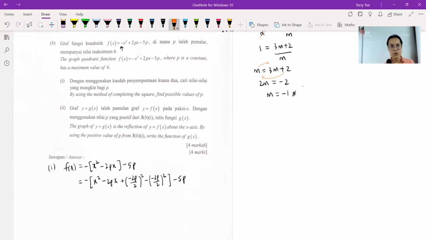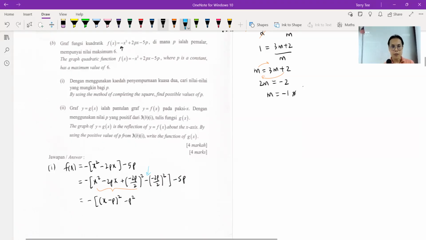Now, the first 3 terms that we have here, we can actually factorize. So I don't write a lot of steps, because negative 2p divided by 2 is just negative p here. So this we can write minus x minus p squared. And this negative p, when I square it, becomes positive p squared. However, I still have another negative in front here. You're going to maintain that negative.